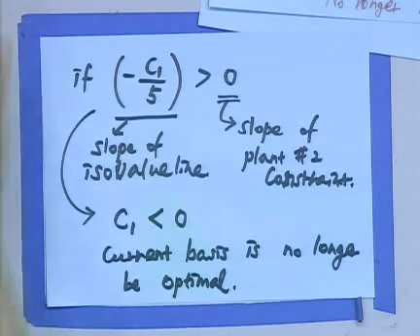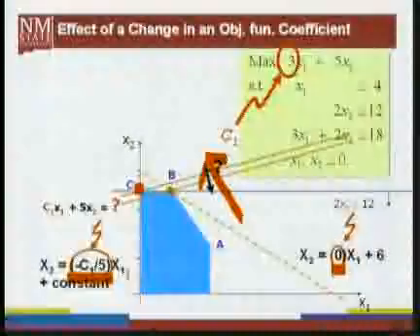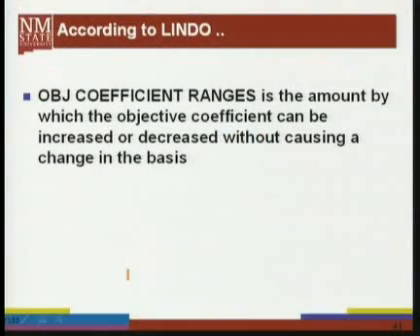Okay, then let's go back to the computer screen. And in Lindo output, again, the objective coefficient ranges indicate by this amount the objective coefficient can be changed without causing a change in the basis, right?